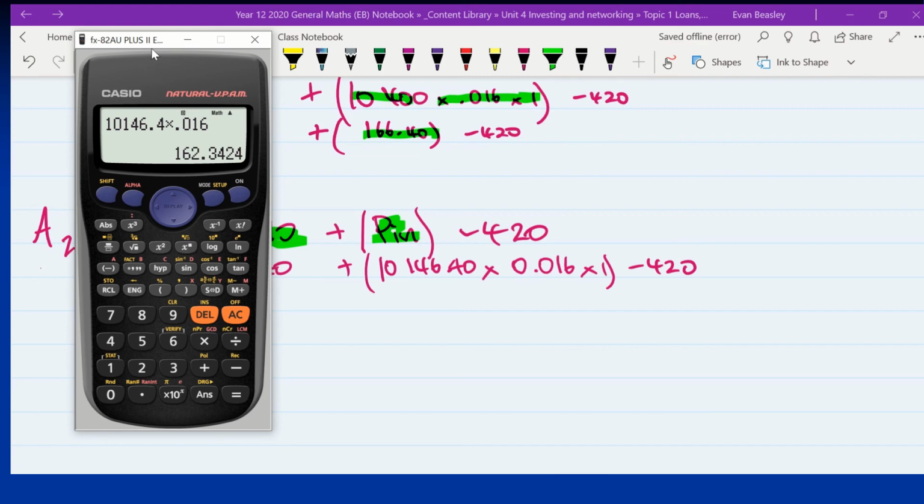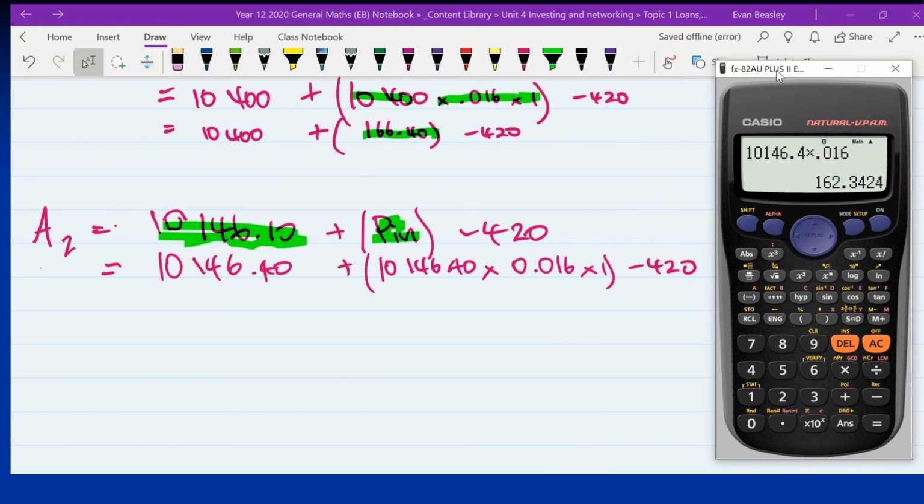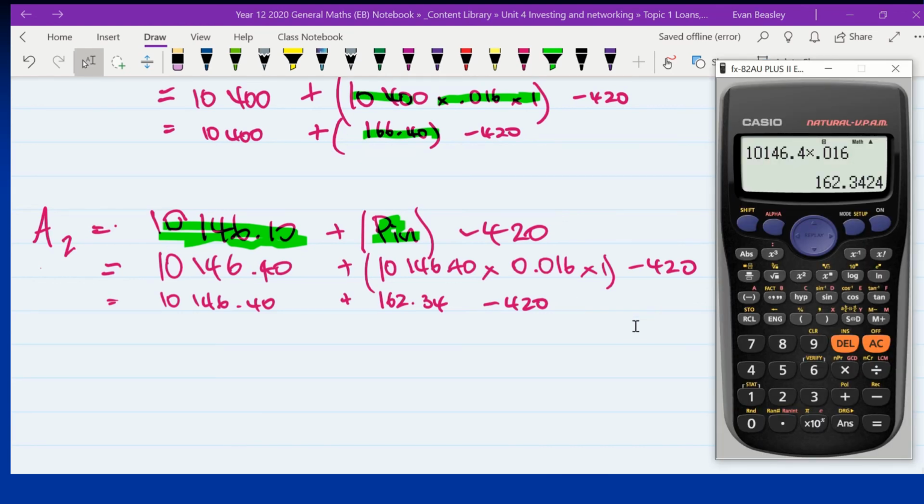So that's 162 and 34 cents. And that's just going to be 10,146 and 40 cents, and that's going to be minus 420. So I'll calculate that now, and we'll just explain quickly why this is also called a reducing interest.